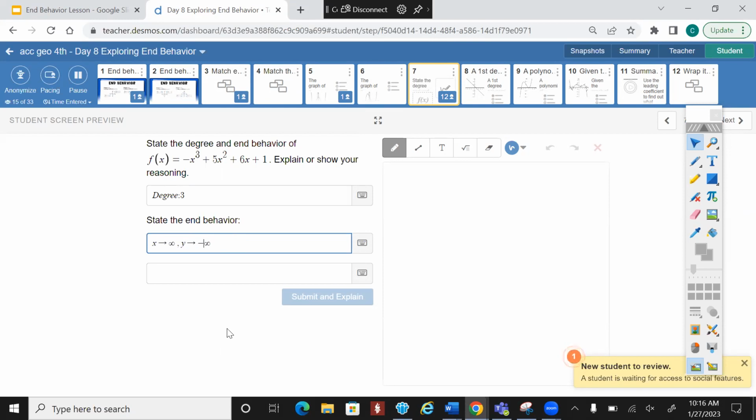So the way that you draw an arrow is you do the minus sign and then you do shift period. So as x is approaching negative infinity, what's happening to y? Going to positive infinity. Yeah.